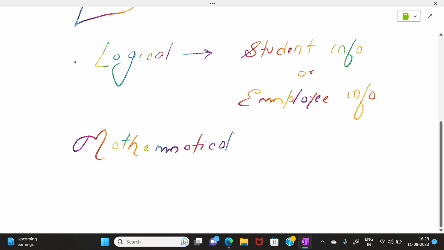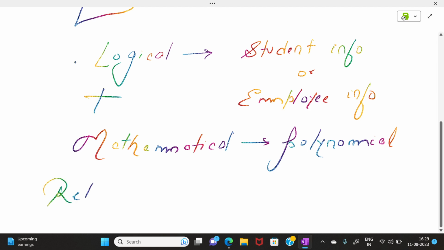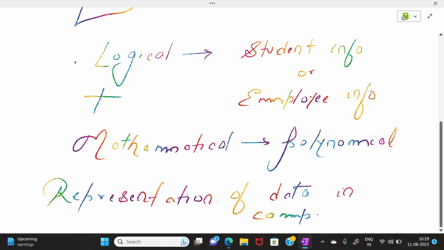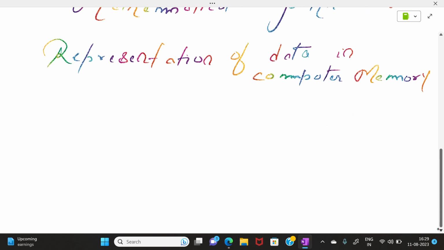Mathematical means something in the form of a polynomial. Okay, so if anything is represented mathematically, it is the mathematical representation. So logical plus mathematical representation of data in computer memory is called data structure. Clear?